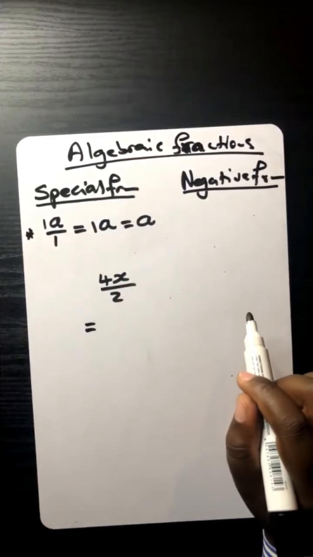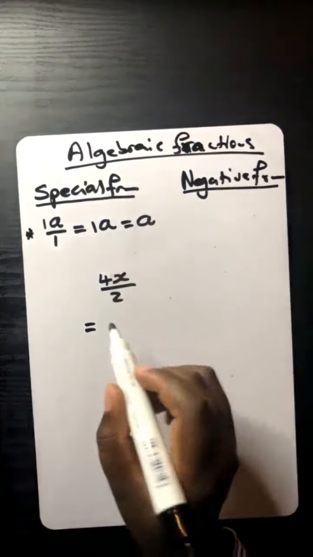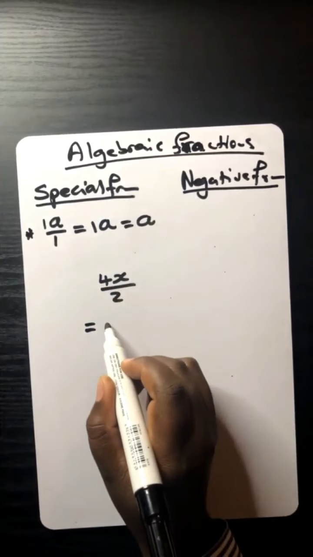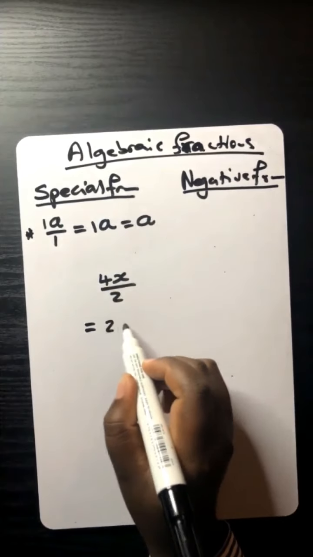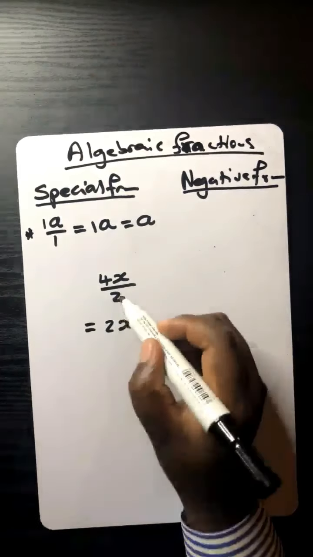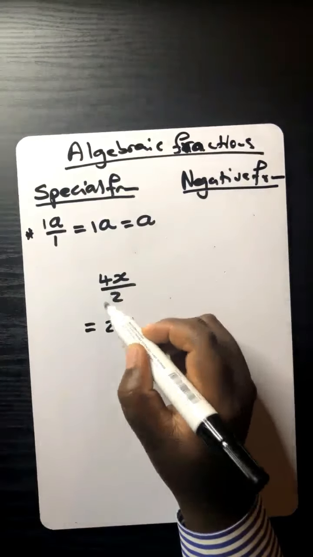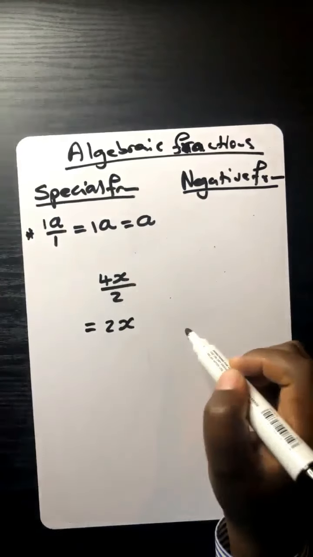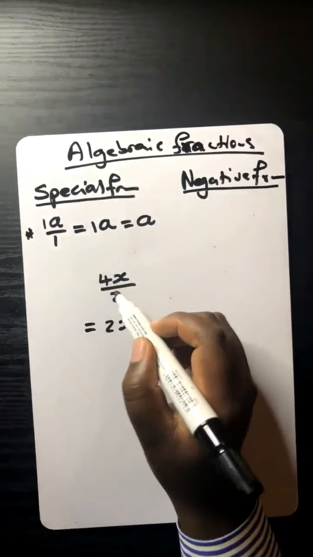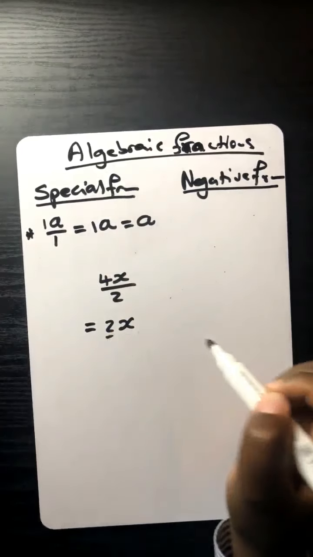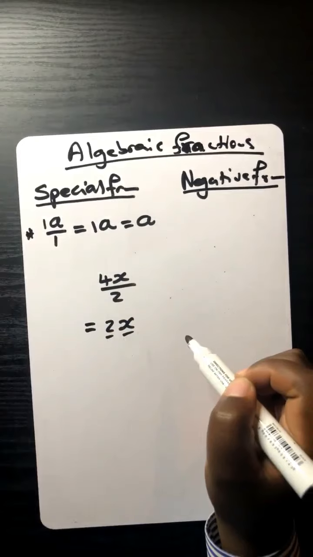So you simplify. Yes, you simplify, which means it's 4 divided by 2, which is 2. X remains as x because you cannot divide a letter by a number. It's always a number divided by a number, which gives you 2 in this case. Then the x stays as x.